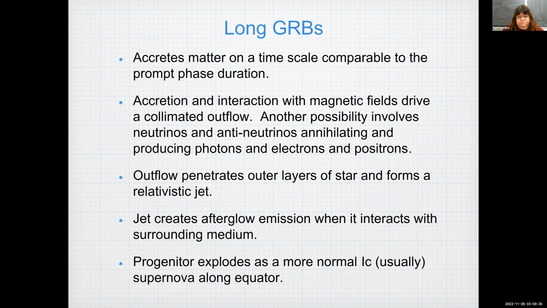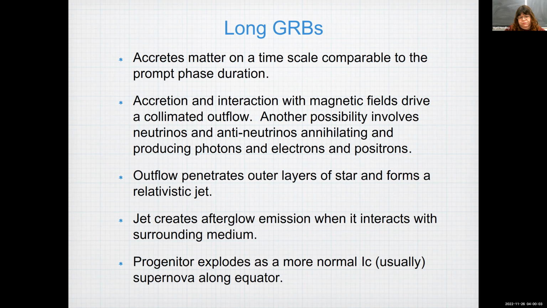The other possibility people have given is basically neutrinos, and neutrinos annihilating produces photons, electrons, positrons, and basically eventually somehow producing a relativistic jet. So that jet penetrates the outer layers of the star and eventually interacts with the interstellar medium.